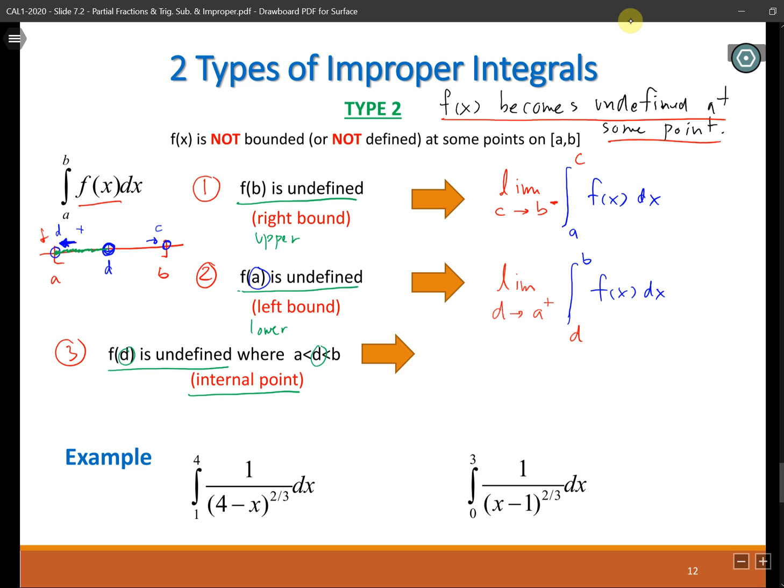So here we split the integral into this from a to d, and everything is the same, f(x) dx, plus another integral from d to b, f(x) dx. But now let's take a look at the problem that we have here. f(d) is undefined. So the problem is this and this.